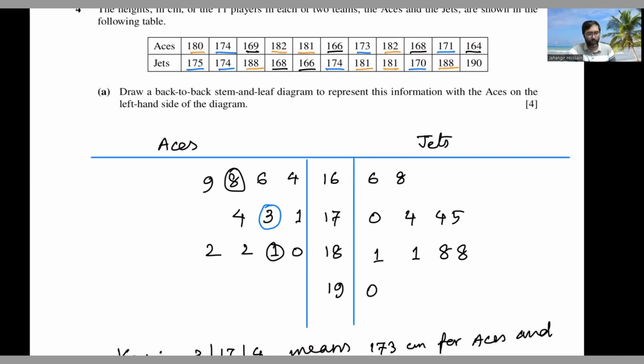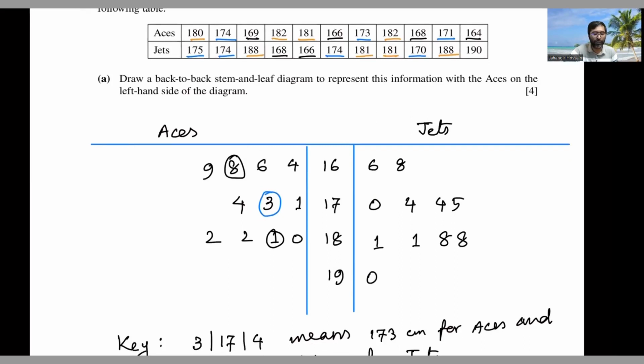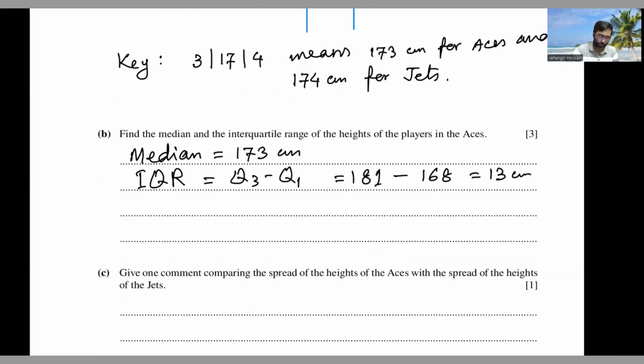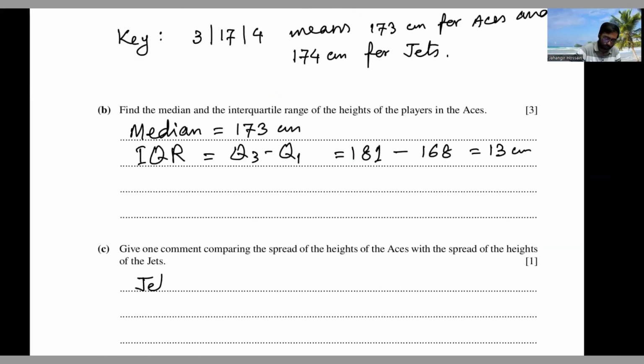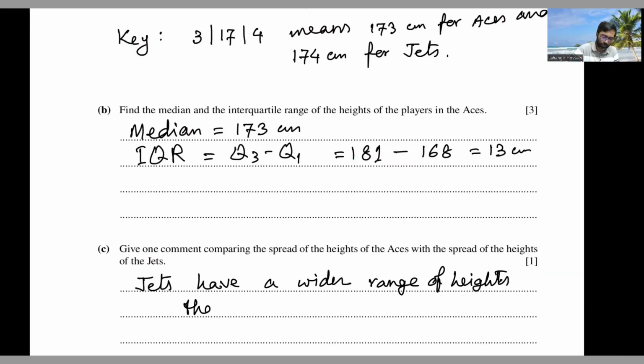So if you think of the spread of height, the Jets have a wider range of heights compared to Aces. So the Jets have a greater variety of height than Aces. One statement is sufficient: Jets have a wider range of heights than Aces.